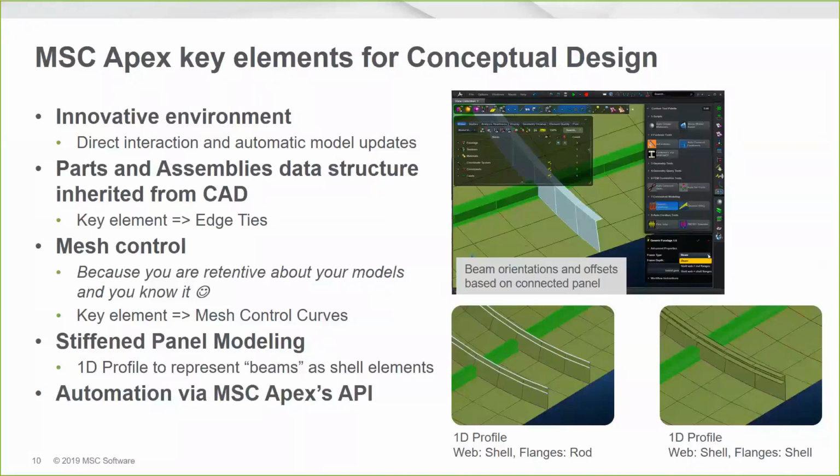We're actually beginning to encroach on an internal loads model at this point, to be honest with you, but even at a conceptual modeling stage, I may need to go up just one level to get the proper behavior that I'm after. Okay, and we'll look at that and see how the new 1D profile in MSC Apex makes the modeling of a frame with a little more detail than just a beam element actually feel like you're just doing a beam element.